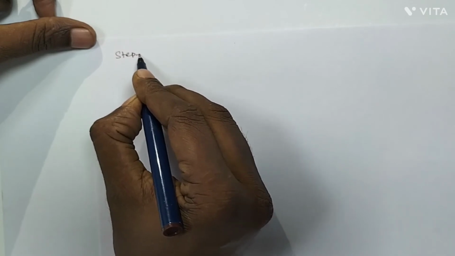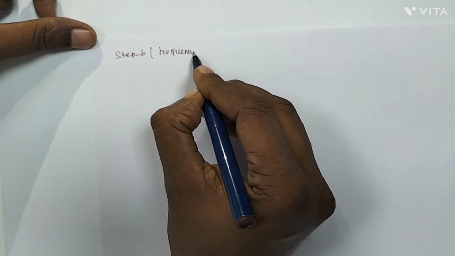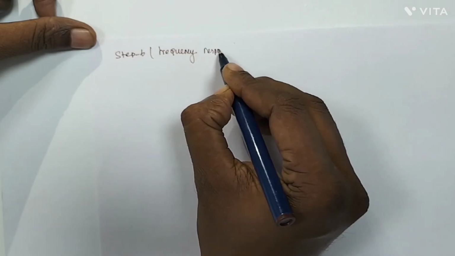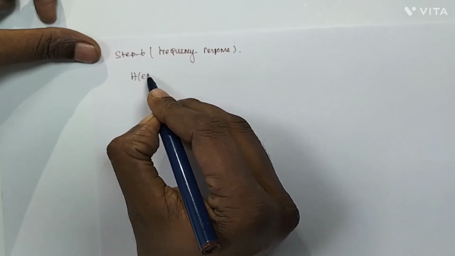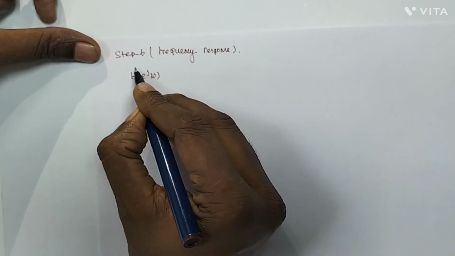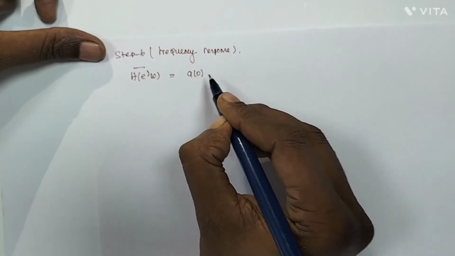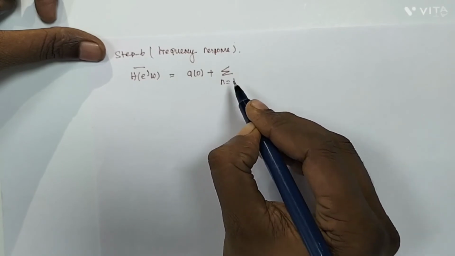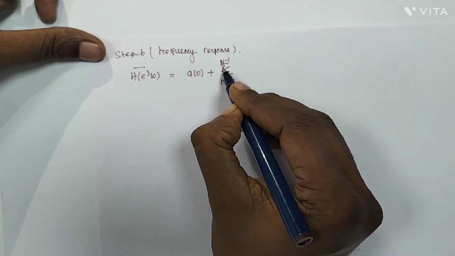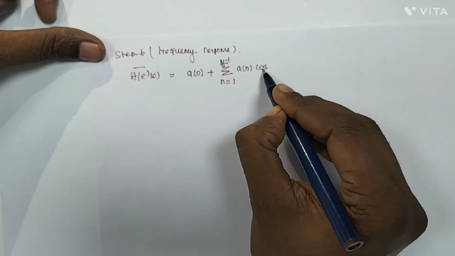Step 6 is frequency response. So how to find the frequency response? That is h of e power j omega is equal to a of 0 plus summation n is equal to 1 to n minus 1 by 2 of a of n into cos omega n.